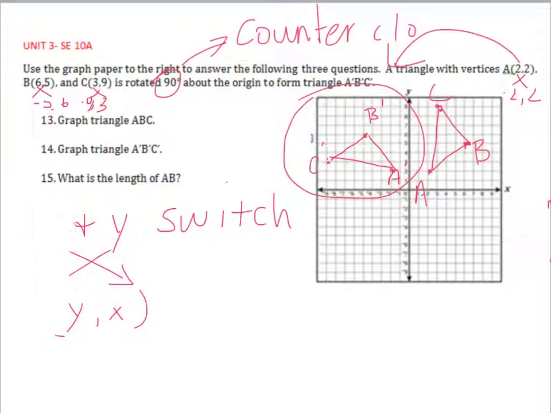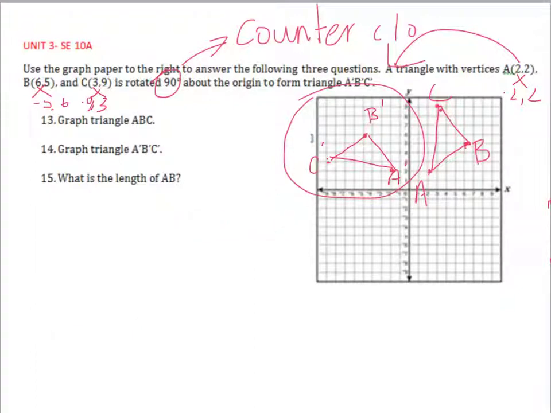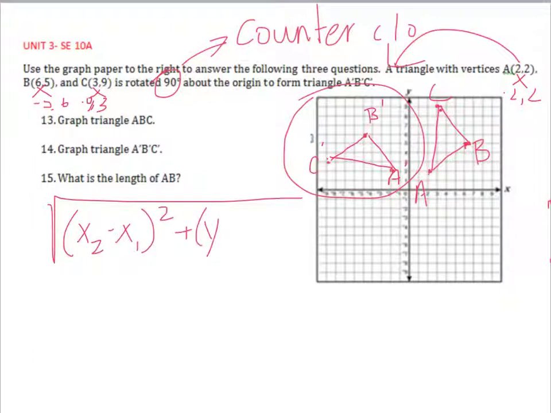And again, you can do that with the patty paper, or you can do that by knowing what happens when you rotate 90 degrees. The last part asks you to find the length of AB, which is our distance formula. So we get x2 minus x1 squared plus y2 minus y1 squared. We're doing AB, so we're going to use 2, 2 for A. And B is 6, 5.